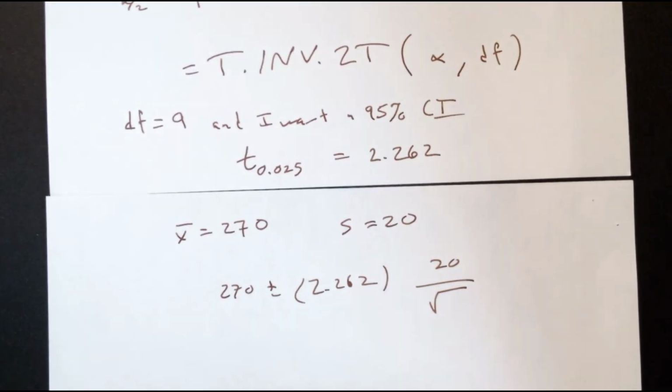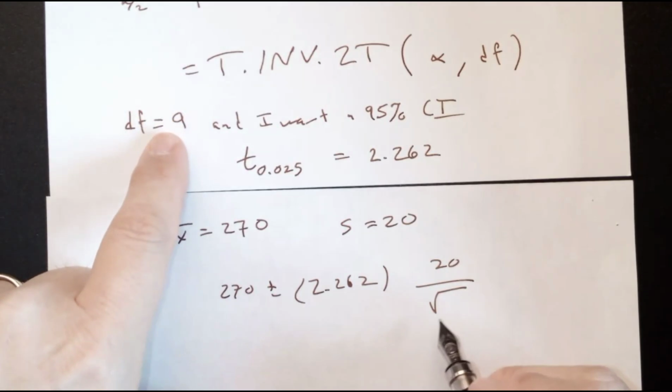It would be 10, square root of 10. I didn't tell you how many people were in the sample, did I? That's n, but degrees of freedom is n minus 1.